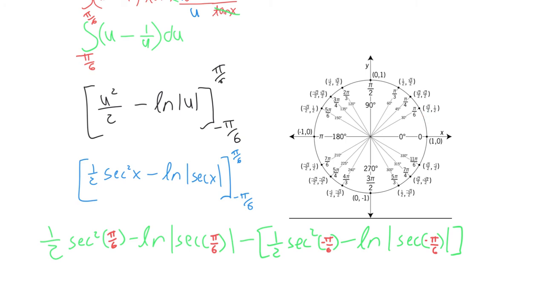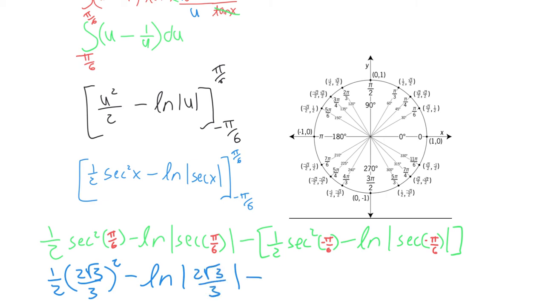So that's the secant of pi over 6. It's 2 radical 3 over 3. So we're going to be multiplying 1/2 times that, 2 radical 3 over 3, but that's going to be squared, which we could worry about later. And it's going to be minus the natural log of the absolute value of 2 radical 3 over 3.